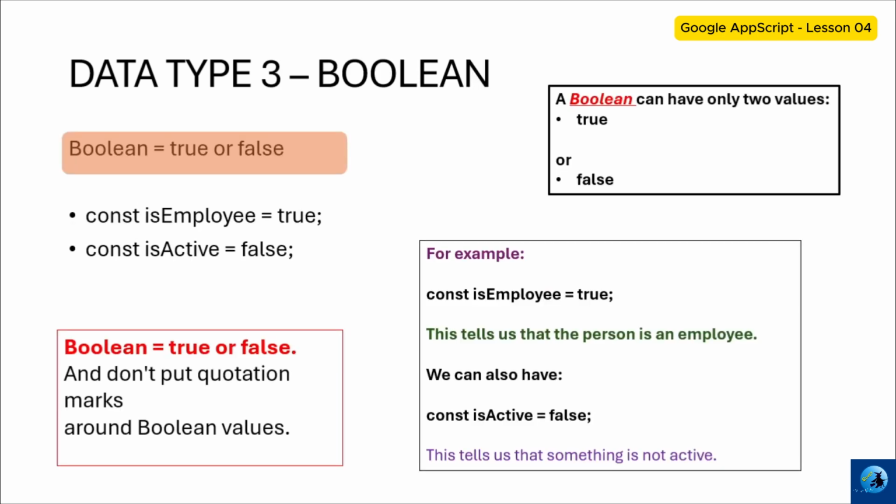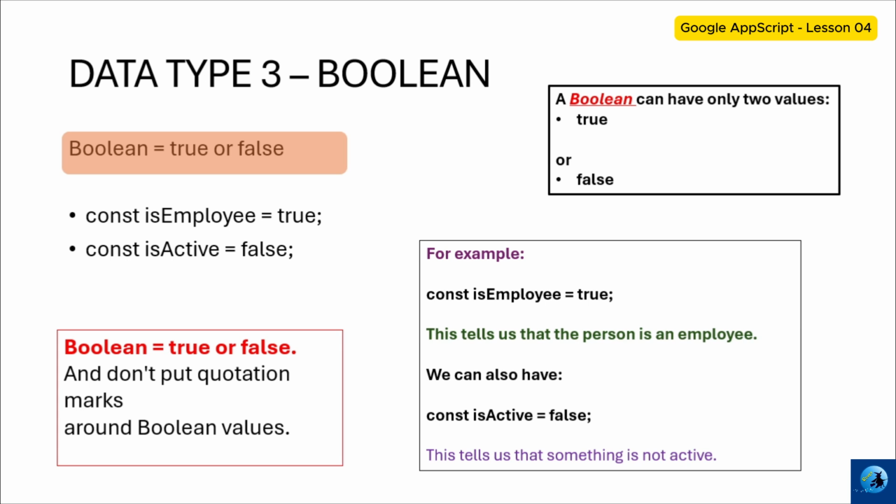The third data type is a Boolean. A Boolean can have only two values, true or false. For example, just look at this one. We have created a variable, const isEmployee equal to true. So this tells us that the person is an employee. We can also have const isActive equal to false.